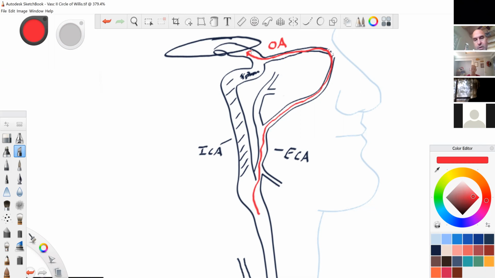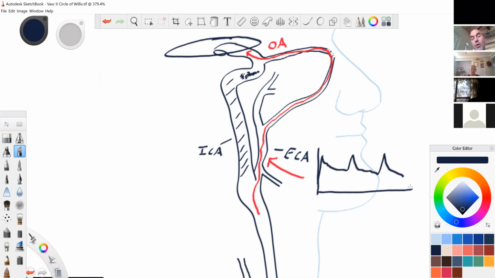In that case, when you do the waveform on this vessel, it's going to look like a low resistance waveform. It's going to look like the ICA because it's taking over the ICA's job. It can be very confusing. All right.